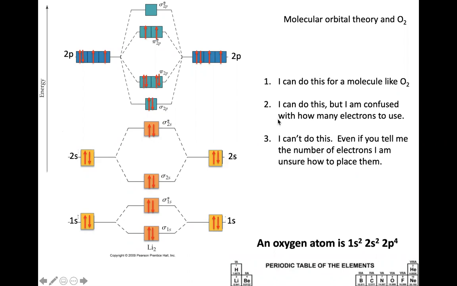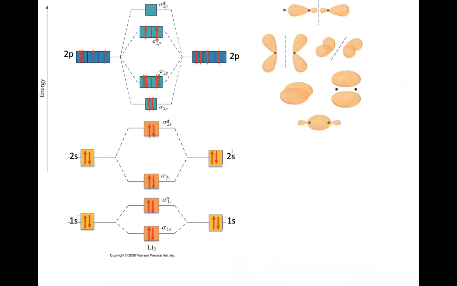Let's work through a little bit more, but I'm not trying to dismiss your issues or get settled on that. I know that a lot of times that counting is the key stumbling block. Now, these are the different shapes that correspond to the molecular orbitals that were formed here. Let's see if we can make sense of those.